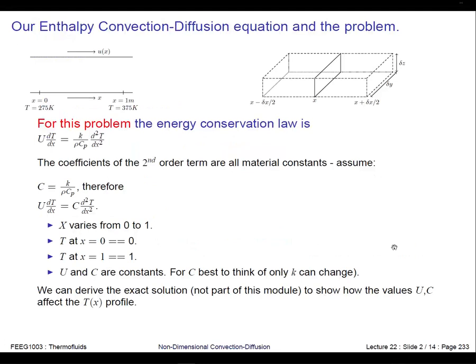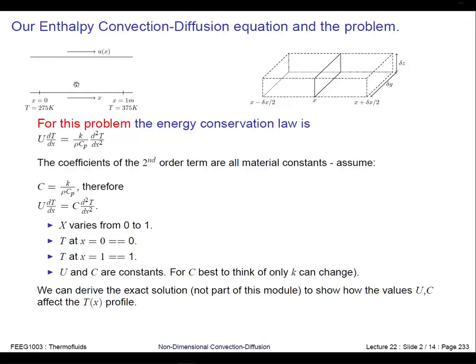Okay, so if you remember previous lecture, we derived this equation, and we said it's for this problem here. So it's a 1D flow in a channel, and the upstream side is low temperature, and the flow comes from the left hand side, goes towards the right hand side, and at the right hand side we have a high temperature.